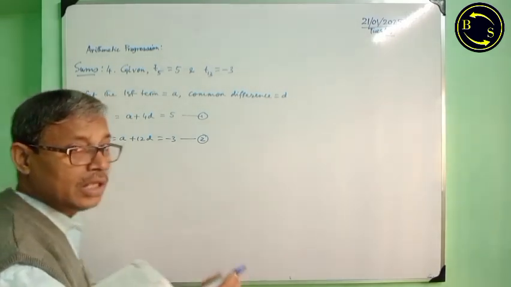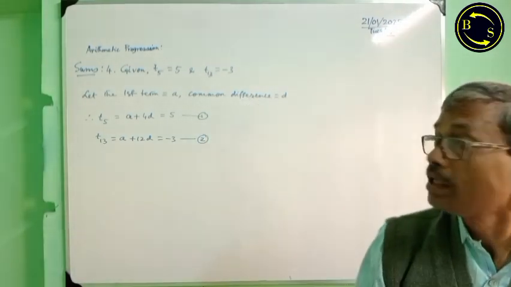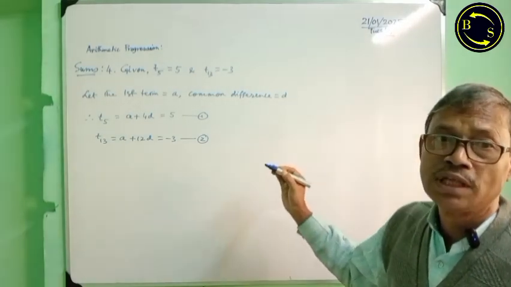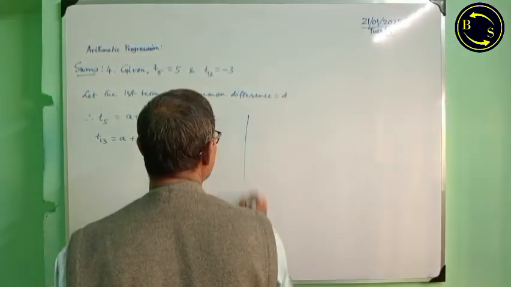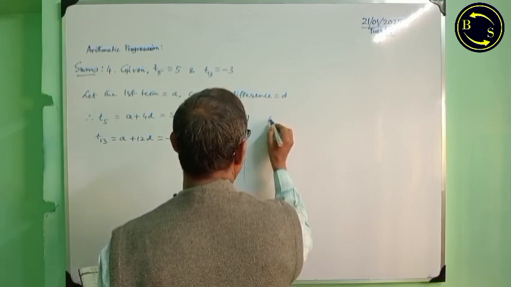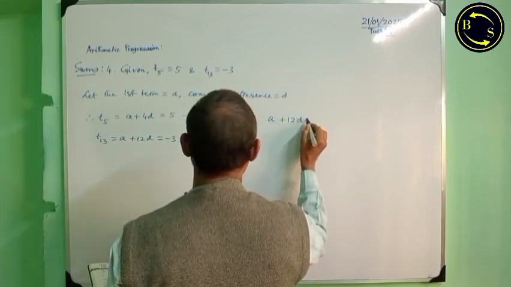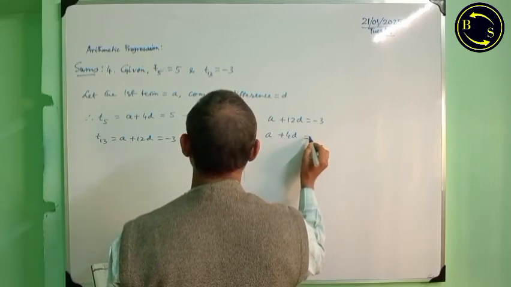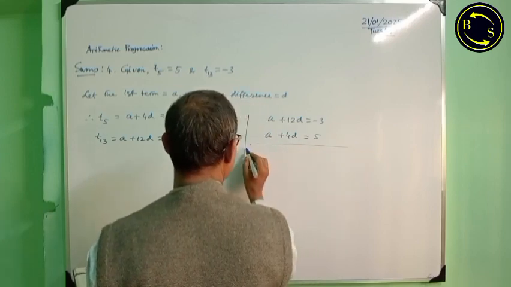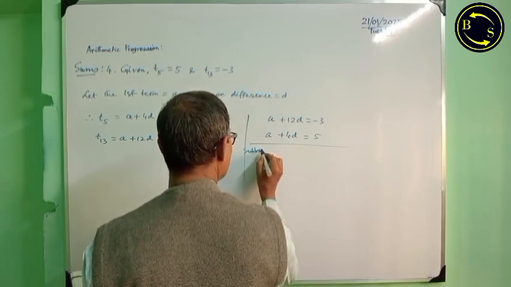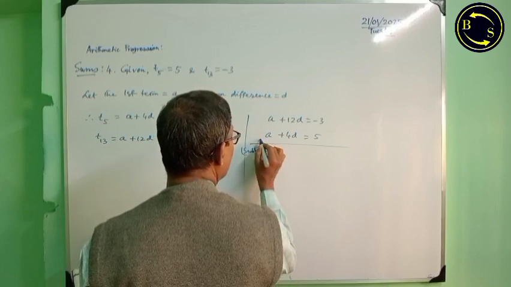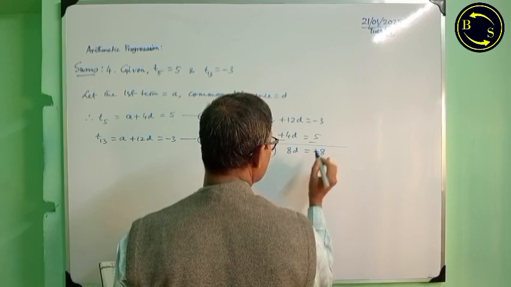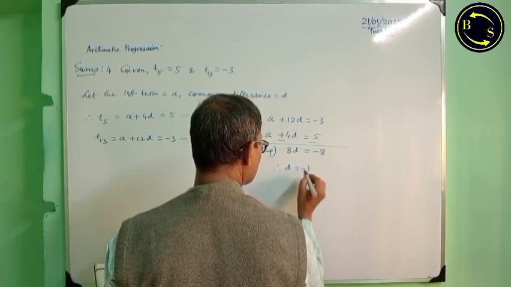You can show the steps of solving, or you can solve on the right side of the sum as I am doing. a plus 12d equals minus 3, a plus 4d equals 5, subtracting, 8d is equal to minus 8, therefore d equal to minus 1.